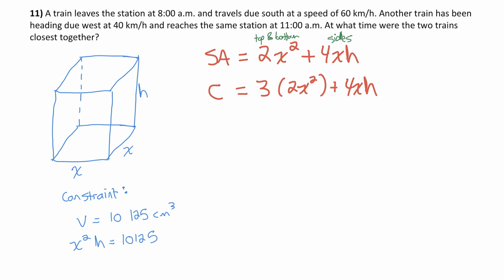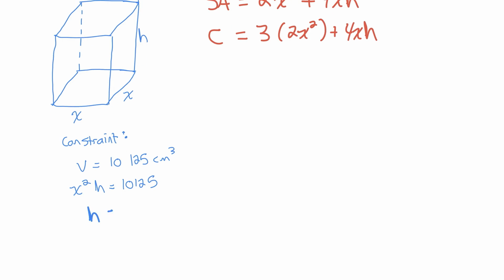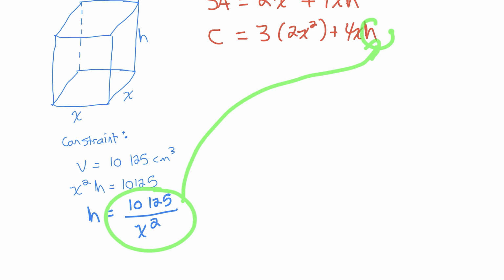So I need to use this relationship to isolate either x or h. I'll isolate h. If h equals 10,125 divided by x squared, I know that to keep the volume at 10,125, the height has to equal 10,125 divided by x squared. So I can replace the height with that.